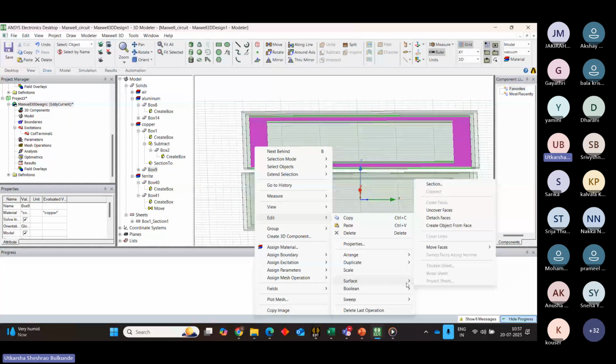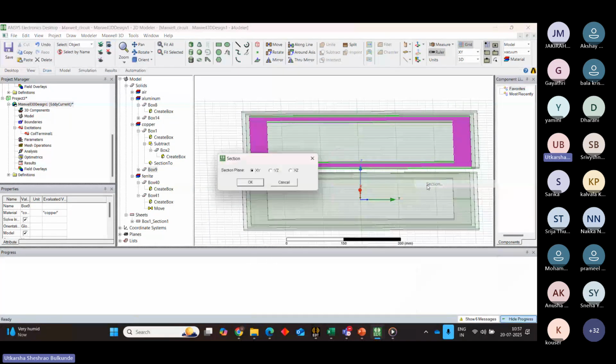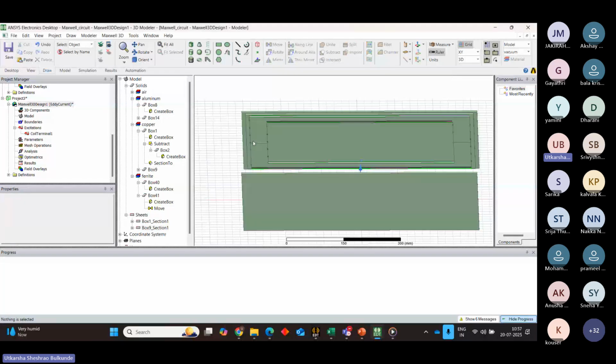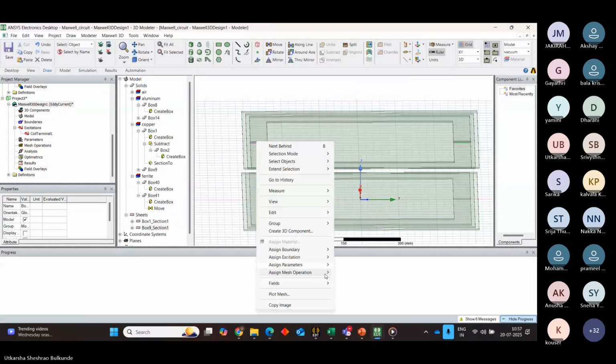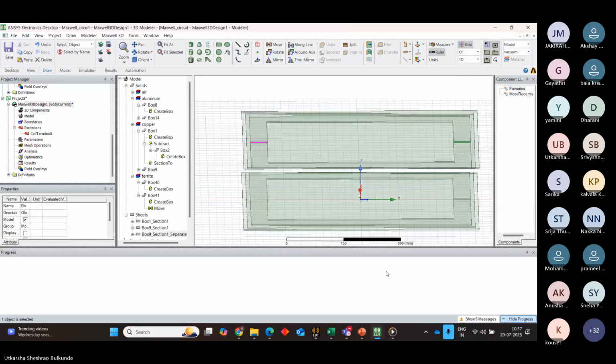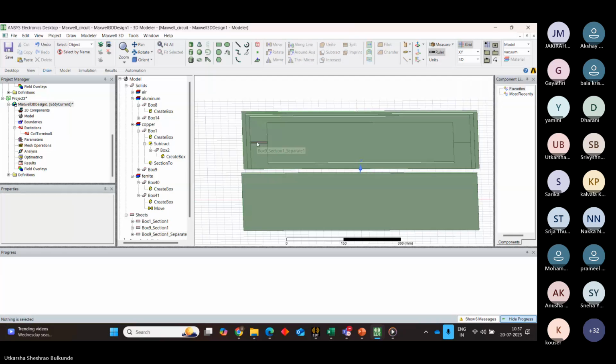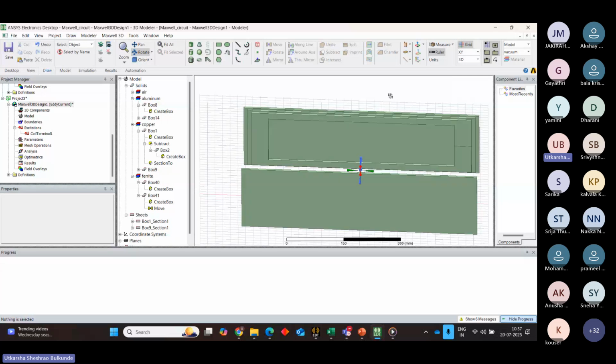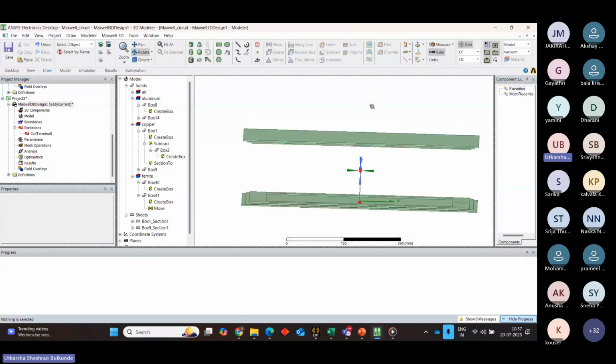By mistake, I have deleted the other section. So I'm just making it again. So now they both have the section in the same direction, right?